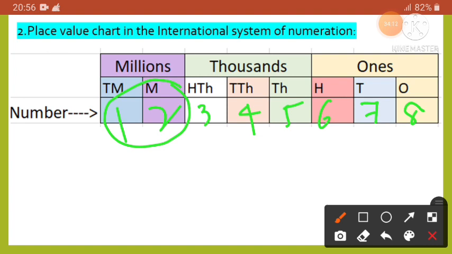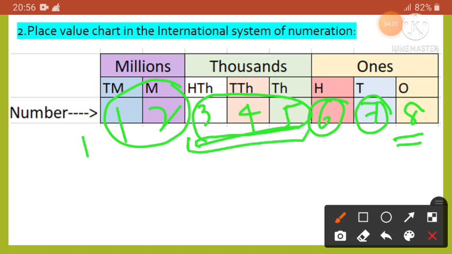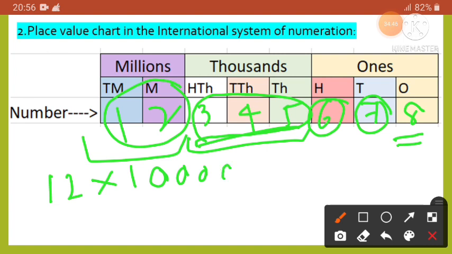So it is 12 million, and then 345,000, then 678. 12 million means 1 2 and then 6 zeros.